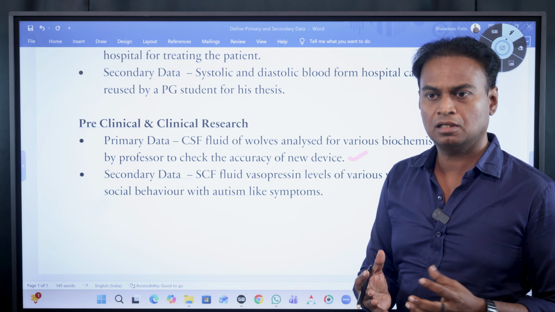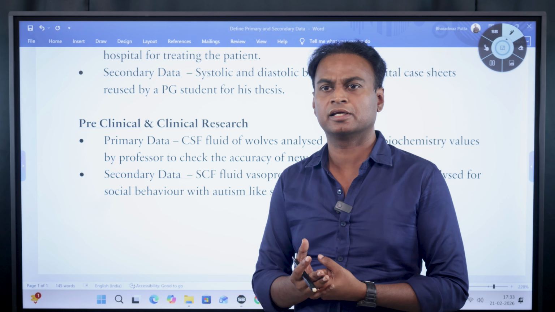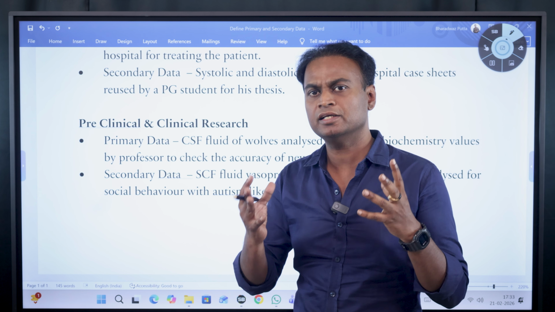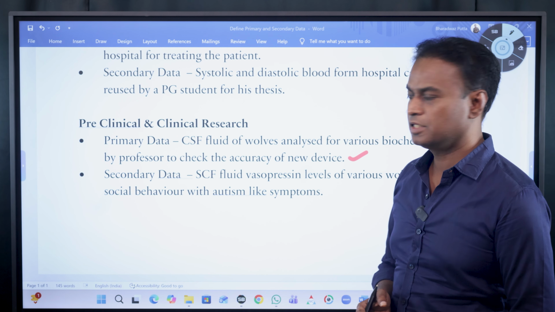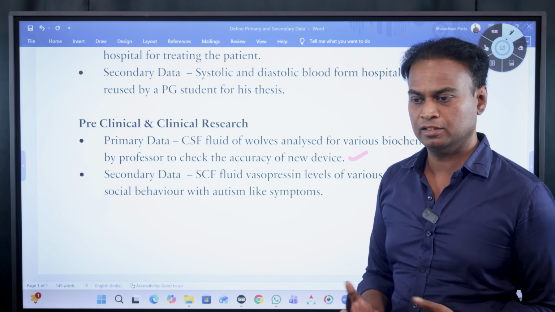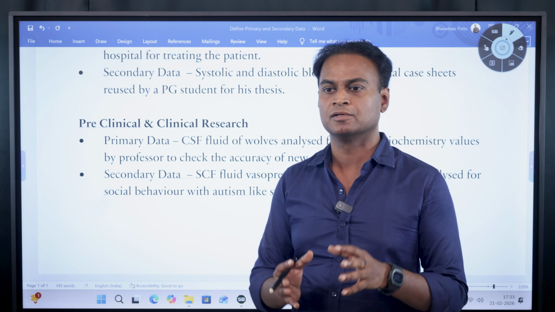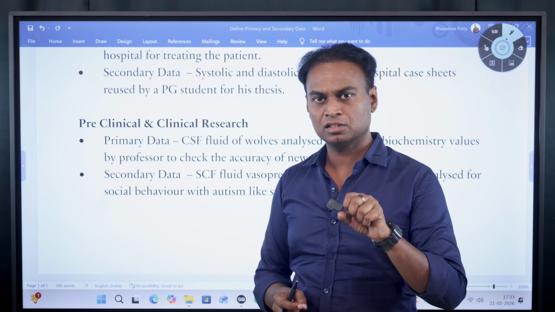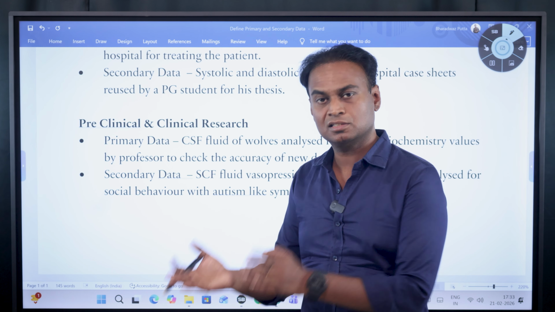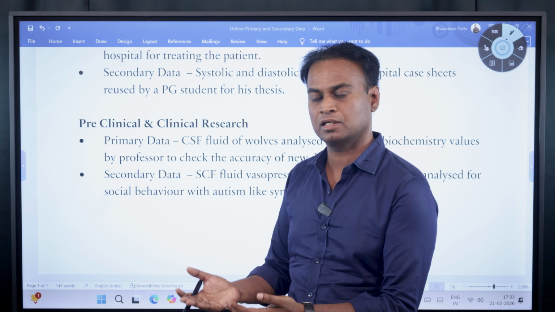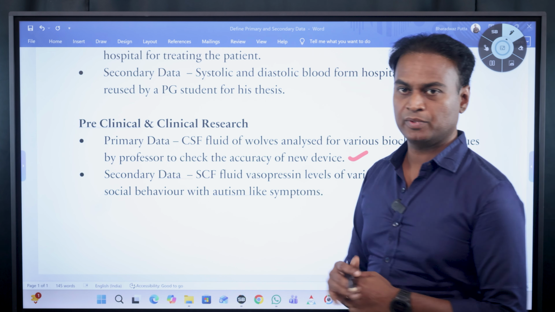A professor at an institution has invented a device to calculate the biochemistry values of CSF, cerebrospinal fluid. He has taken wolves as the research subject. He has drawn the cerebrospinal fluid of the wolves and used it for testing whether the device is working correctly or not. This is the primary data.